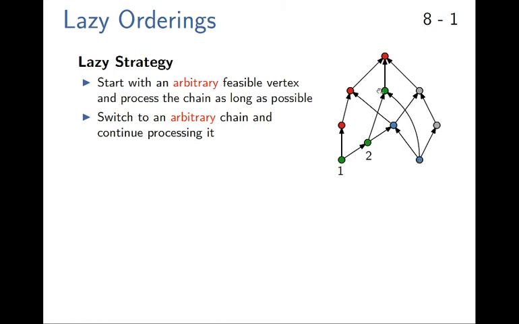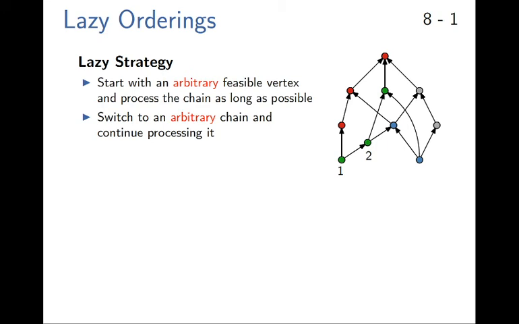Okay, so then you are stuck in the green chain, and then you just continue in some other chain where it is possible, and apply the same thing until you get stuck again, and then you switch to another chain or back to the other where you came from.